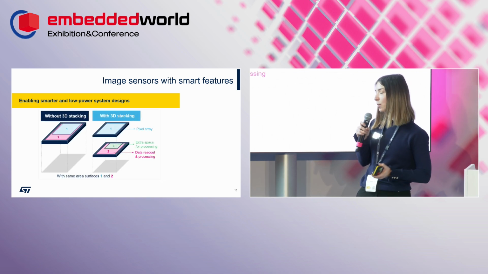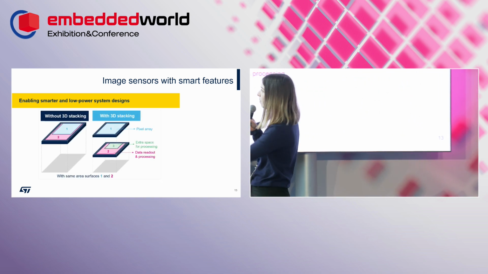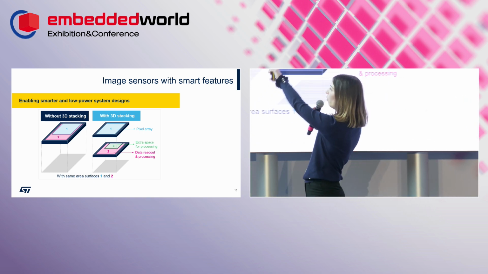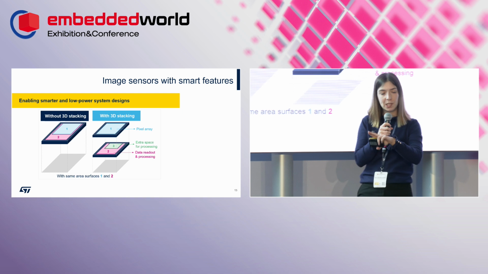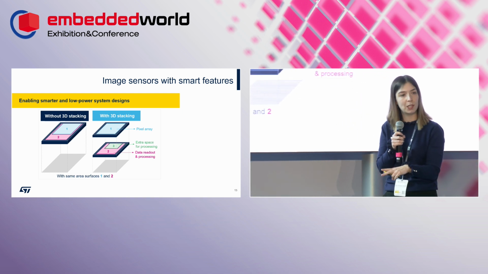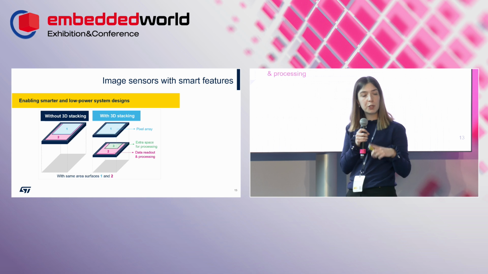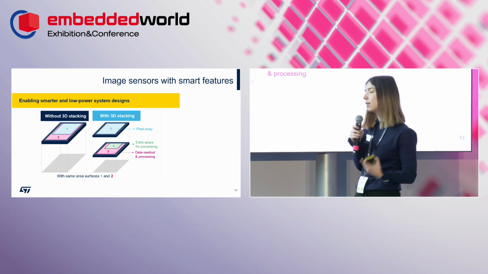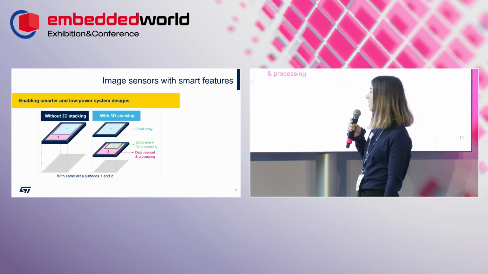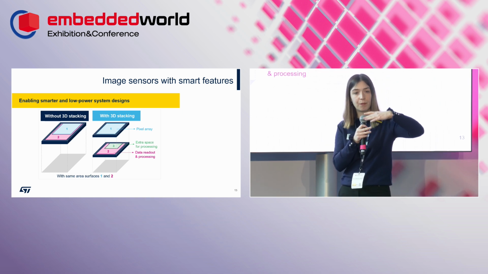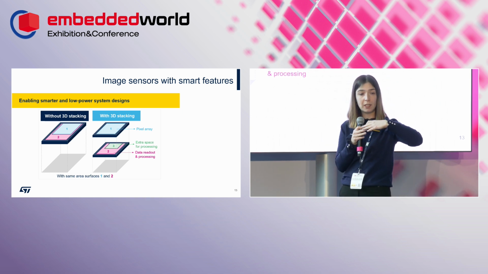3D stacking technology, to make it simple: with a traditional image sensor, you have this chip, one layer. The blue area is the pixel array, and basically around it you have data readout and processing, all on the same layer. With 3D stacking, and in the most advanced 3D stacking processes, as we implement at ST in our fab, we are able, in fact, to stack two chips, two layers, and to interconnect them.